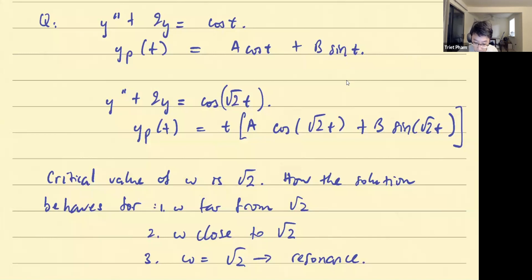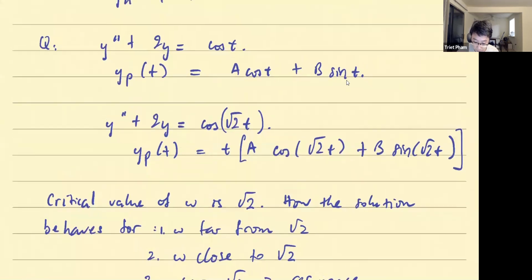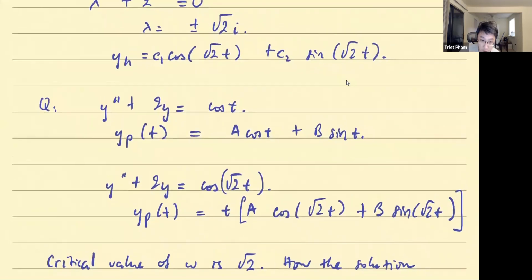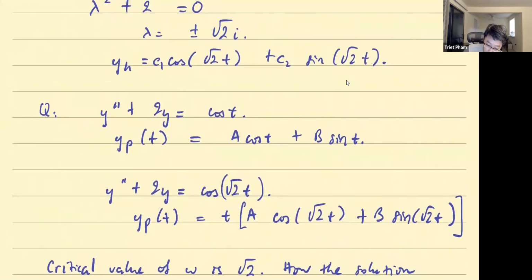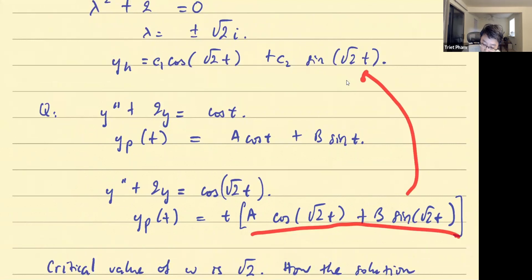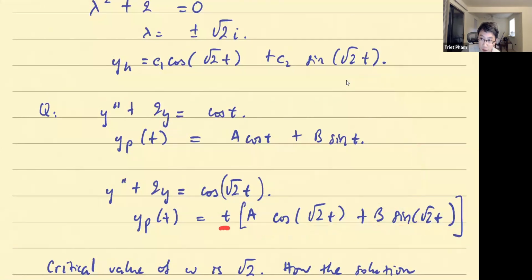So first of all, any question on the choice of the yp in this case? It follows the principle that if your guess coincides with the homogeneous solution, you must multiply by the lowest power of t to get you out of it.